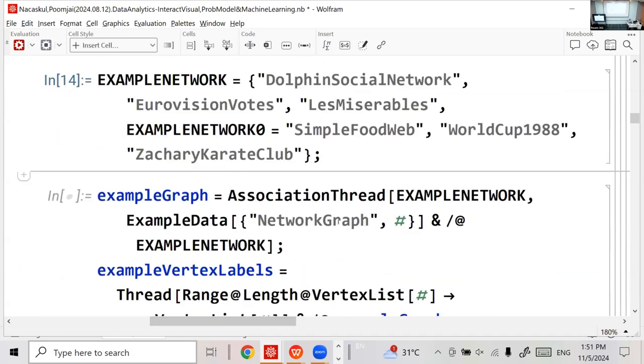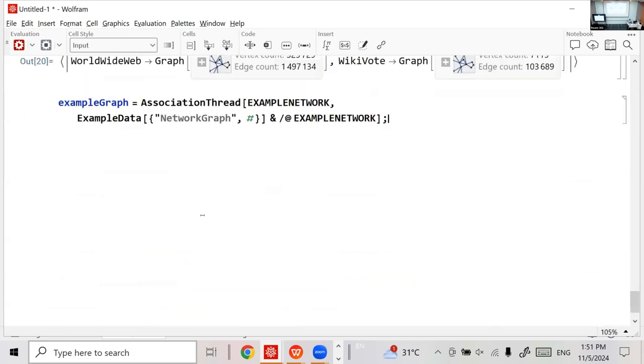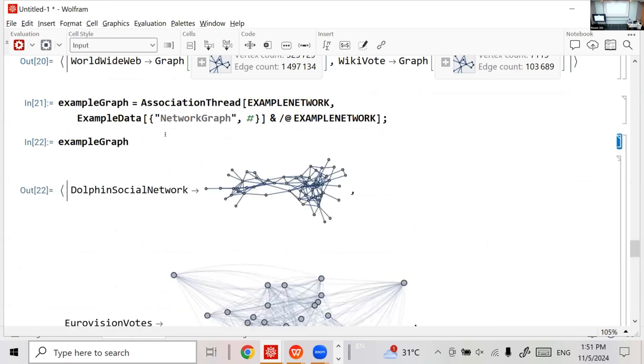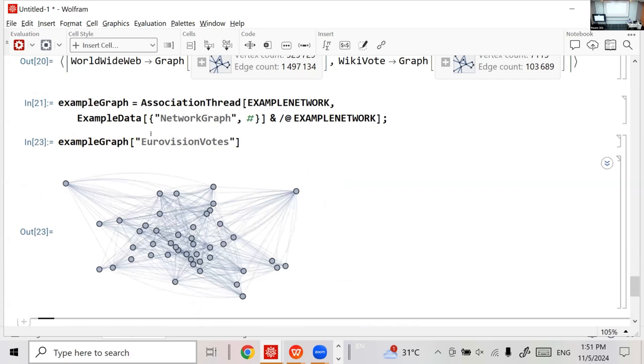If I want to look at Eurovision votes, I just put down Eurovision votes. Now remember, association or dictionary in Python is one of the most useful things.